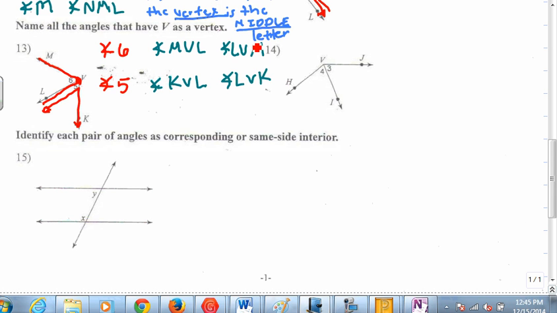And lastly, there's only 2 ways we could name this last angle. It's the big angle. We could name it angle what? MVK or angle KVM. Very good.